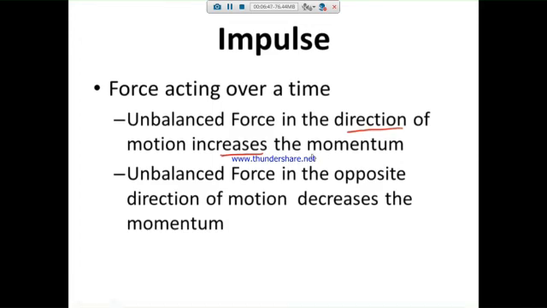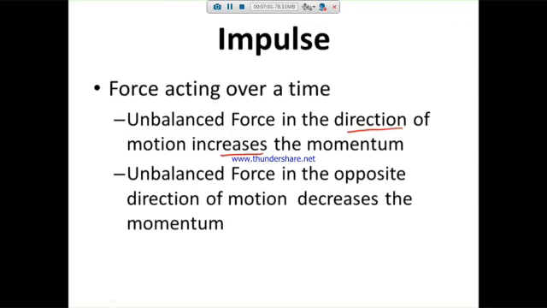But when that unbalanced force comes in the opposite direction, such as you're walking down a hallway and someone grabs your shirt from behind and pulls you backward, the force is applied in the opposite direction that you are going.